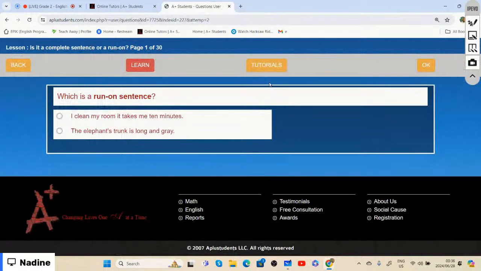Is it option one, which says, I clean my room, it takes me 10 minutes? Or option two, which says, the elephant's trunk is long and gray? We need to identify the run-on sentence. Is it option one or option two?